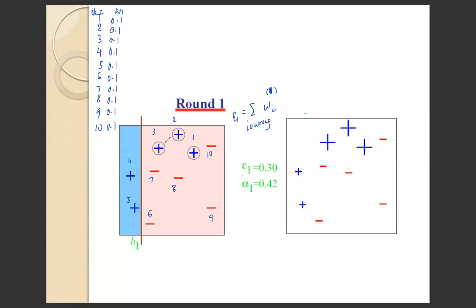There are 3 of them making mistakes, 1, 2, 3. So these three sum to 0.3, all right? And then my alpha 1 is 1/2 log of, what's the formula there just now?